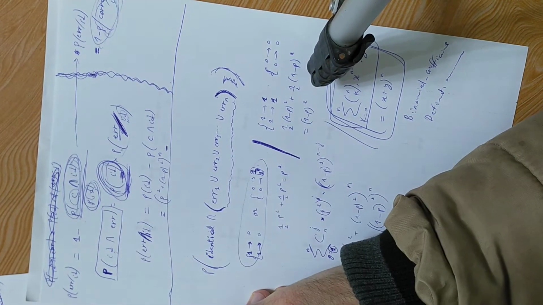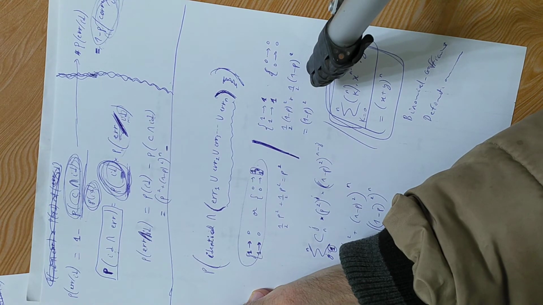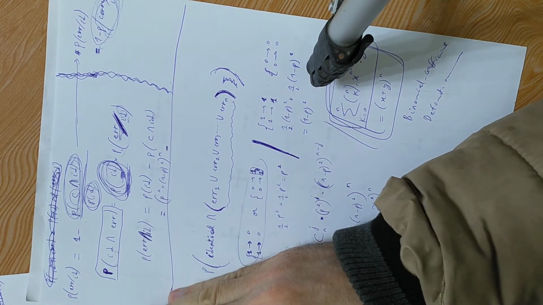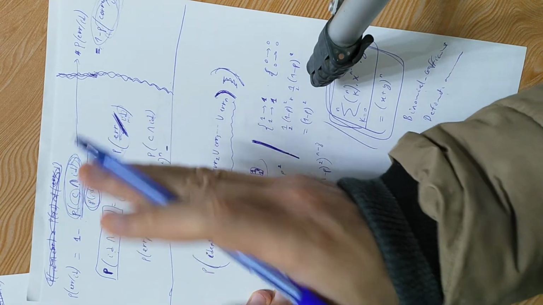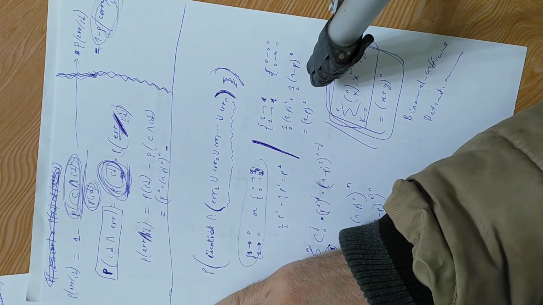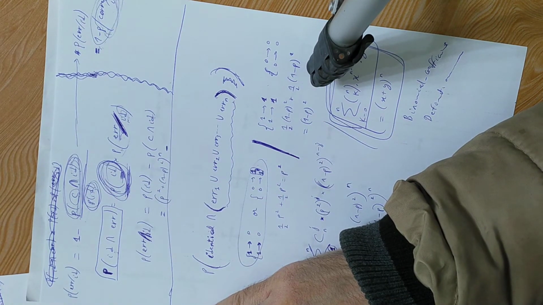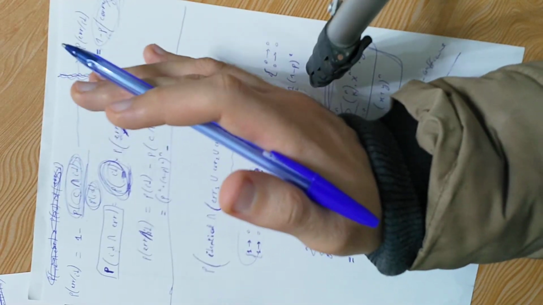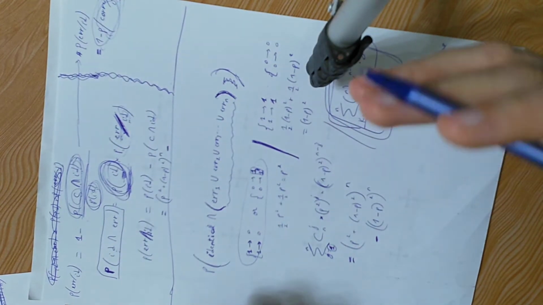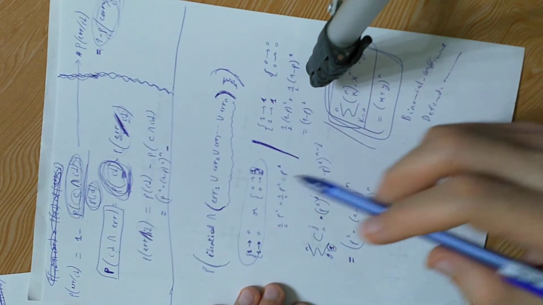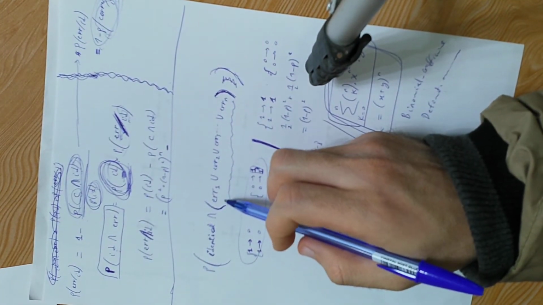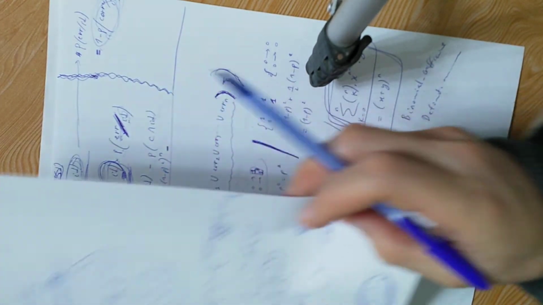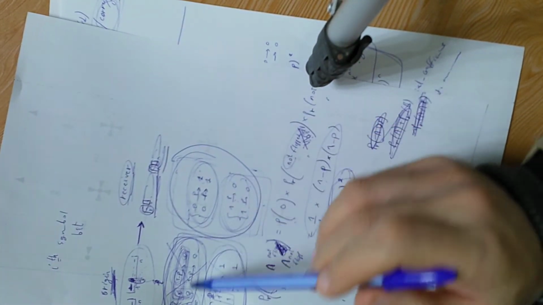Being correct, so all not flipped, and identical, it is 1 minus p squared, all of it to the power n. We already discussed this, but I'm saying it again.